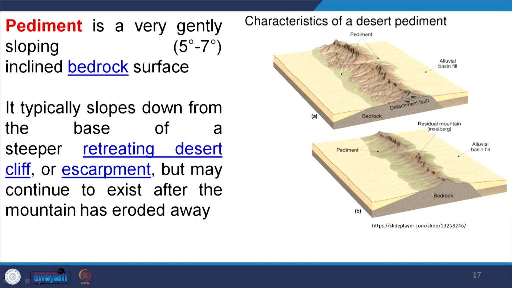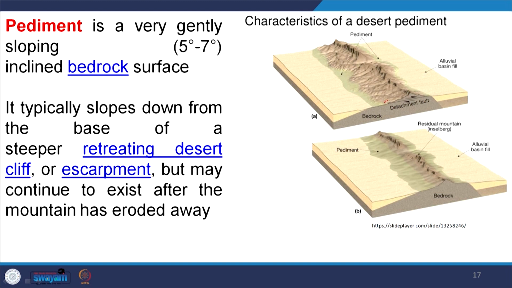We have already discussed in the last classes what a pediment is, how it is formed, what its significance is, and how it modifies the landscape. A pediment is a very gently sloping, 5 to 7 degree, inclined bedrock surface. It typically slopes down from the base of the hill or escarpment to the plains, and may continue to exist after the mountain has eroded away.